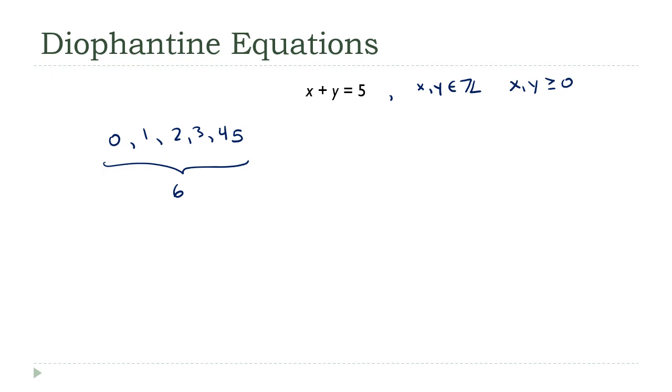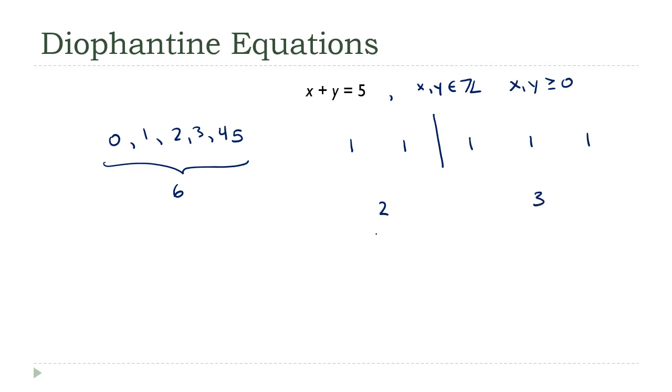All right, think of that 5 as being split up into 5 ones. So there's 1, 2, 3, 4, and 5. And because there's two variables, I have to put one divider in here somewhere to split these up. So for example, if I put my divider here, I would get 2 plus 3.